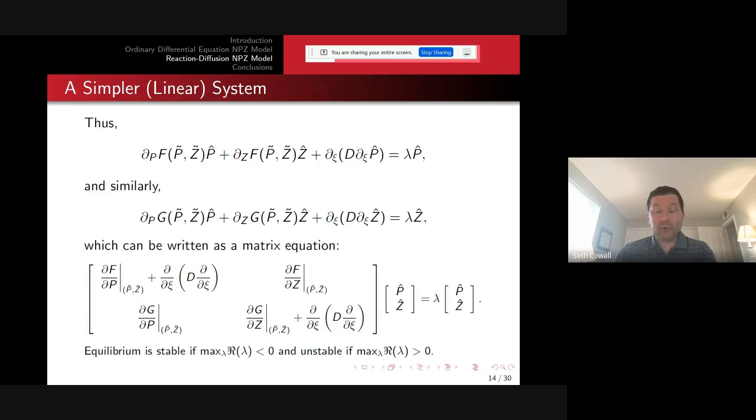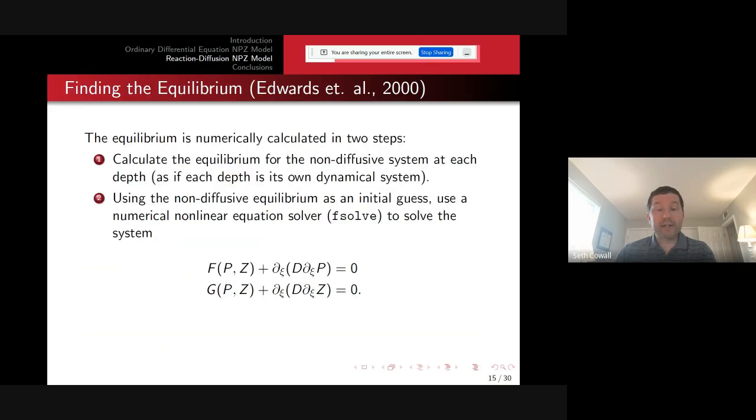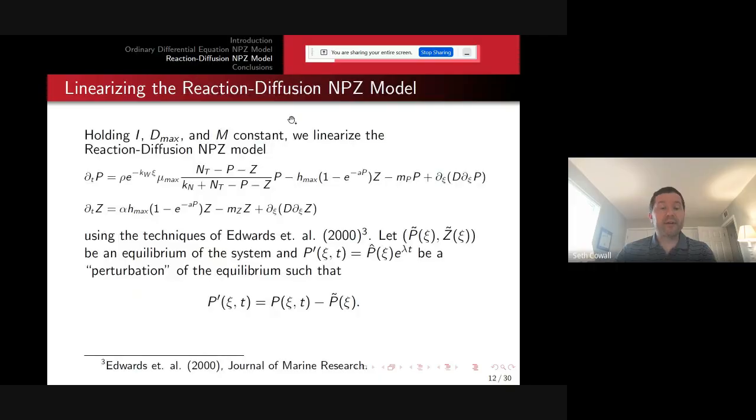Okay, so once we do that, here's actually how we get the equilibrium. First, we calculate the equilibrium for the non-diffusive system at each depth, as if each depth is its own dynamical system. Hard to put that descriptively into words, but here's what I mean by that.